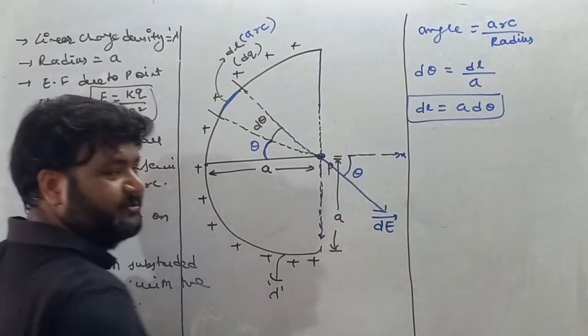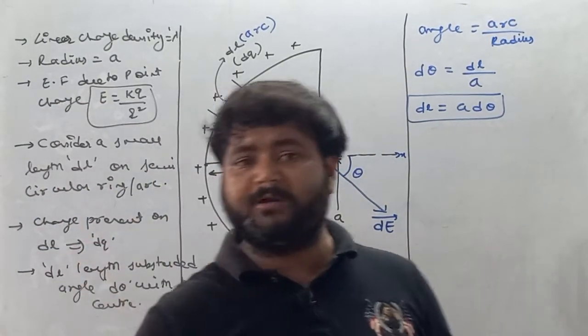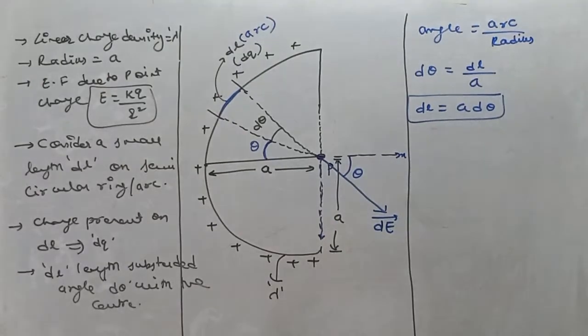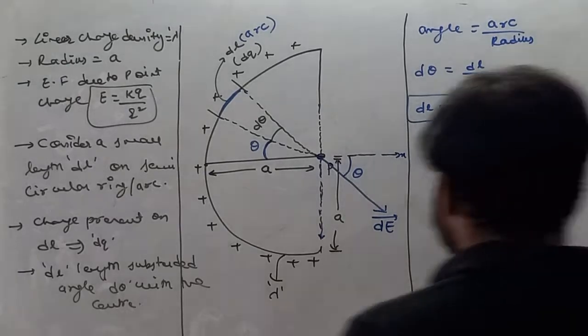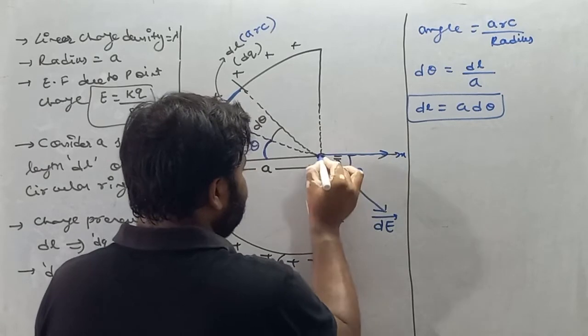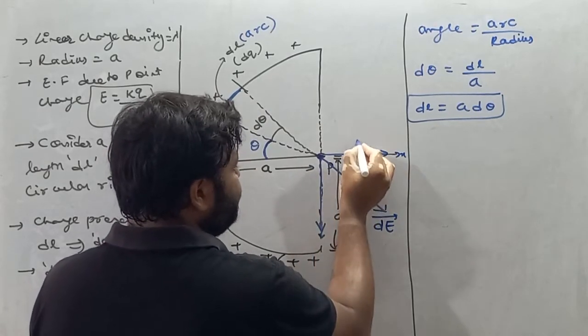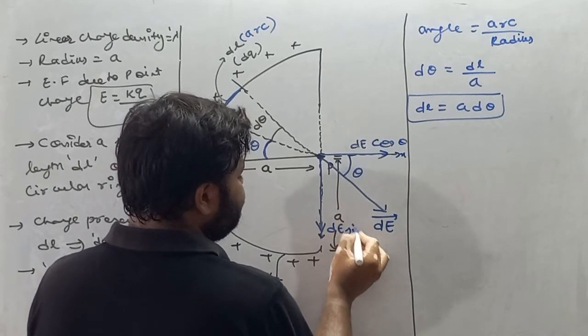So we have to split its components. I already told you we have two components, one is cos and the other is sine. Both components are mutually perpendicular to each other. So this dE makes two components, one along this side and the other along this side. This component is dE cos theta and this is dE sin theta.